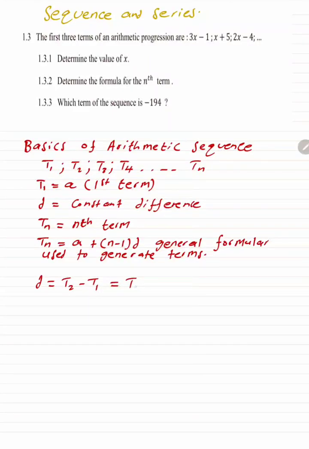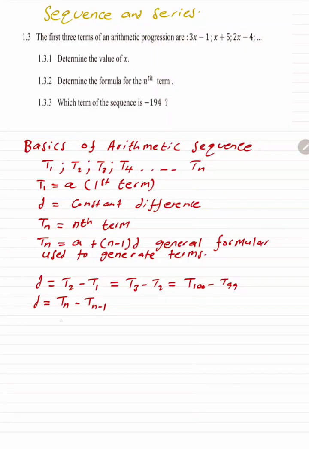This has to be the same as T3 minus T2. This has to be the same as T100 minus T99. And then in general, D equals Tn minus T of n minus 1.